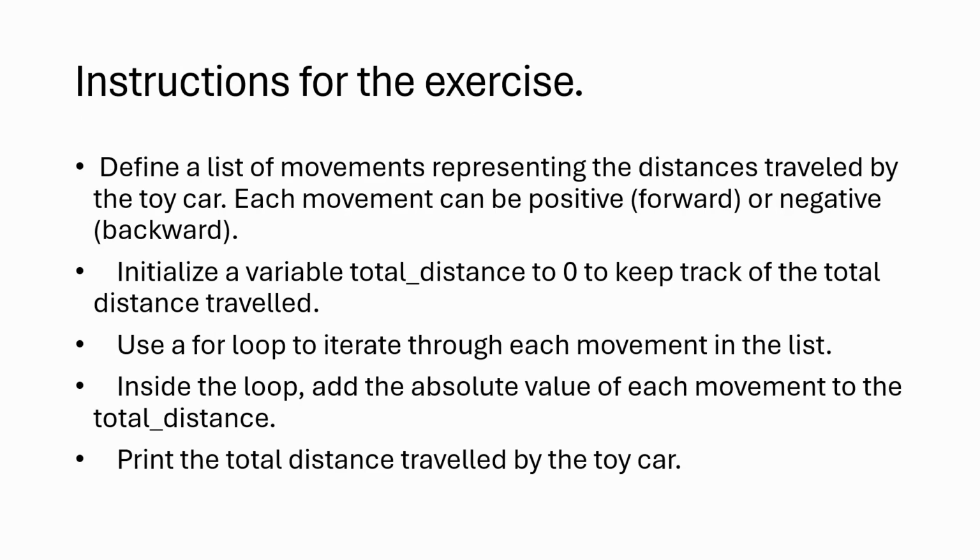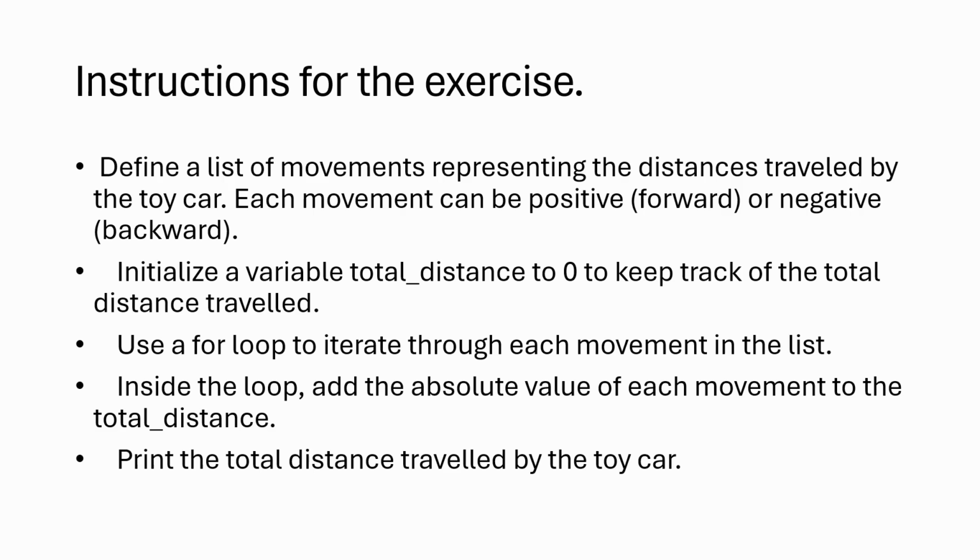And these are the instructions. First is to define the list of all the movements representing the distances traveled by the toy car. So it's going to include positive numbers for forward and negative numbers for what? Backwards. You're going to initialize a value called total distance to 0 to keep track of the total distance.